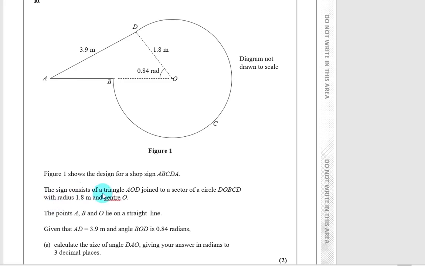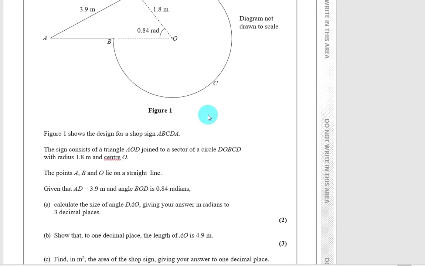The sign consists of triangle AOD joined to a sector DOBCD. So this sector has radius 1.8, so this is the radius 1.8 and center O. This is the center O. The points A, B, and O lie on a straight line. So A, B, and O is a straight line.